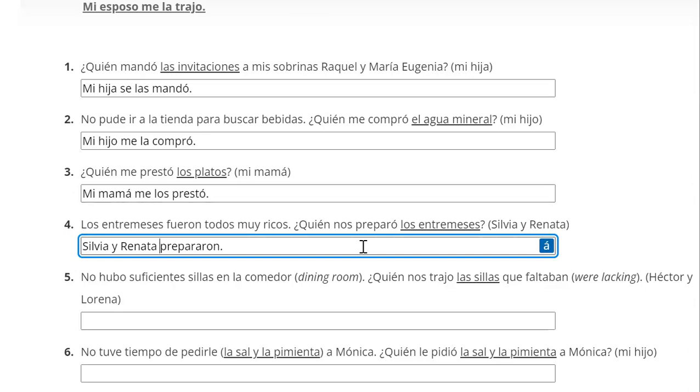So our verb has to agree with our subject. Prepararon. And then what did they prepare? Los entremeses. That's our direct object. So what's our pronoun there? Should be los to replace los entremeses. And then for whom did they prepare them? For us, and we know that the indirect will come before the direct, so we'll have this as our final answer.